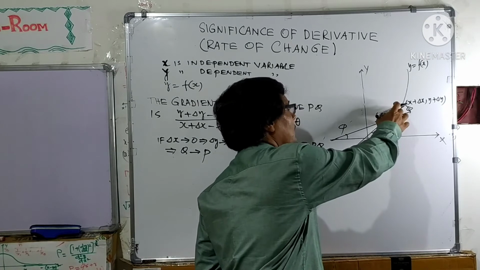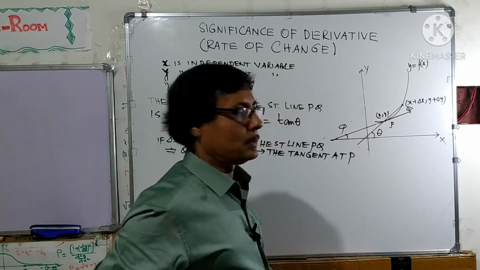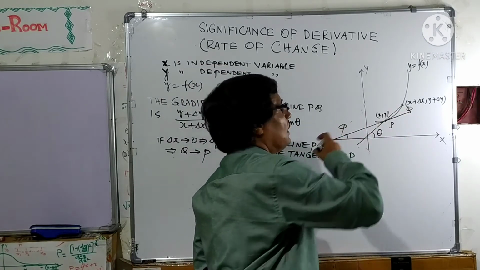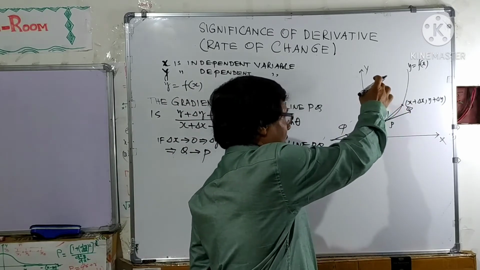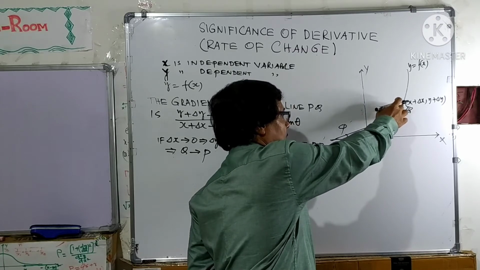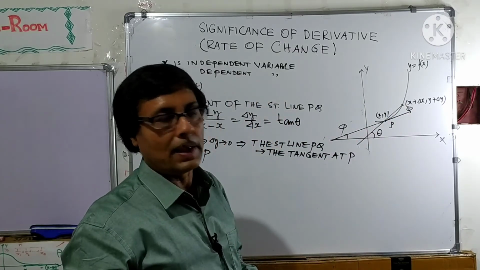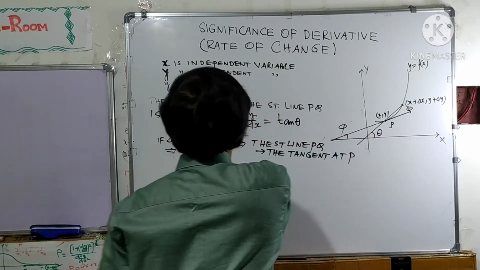The secant PQ becomes coincident with the tangent at P when del x tends to 0.